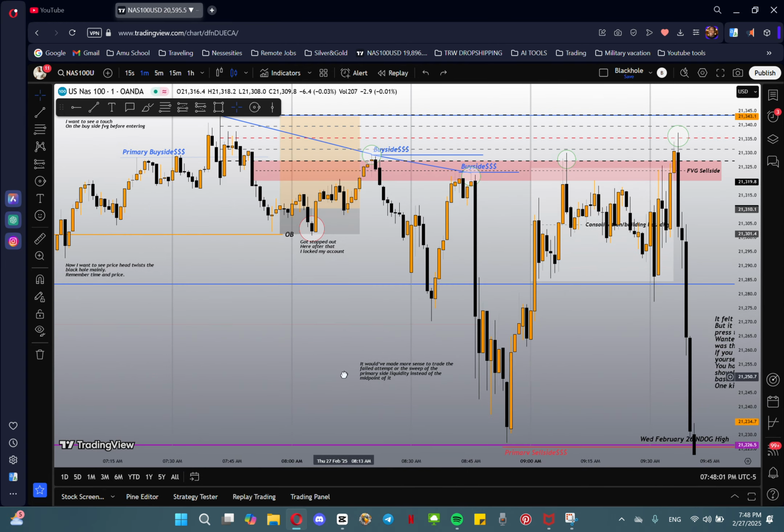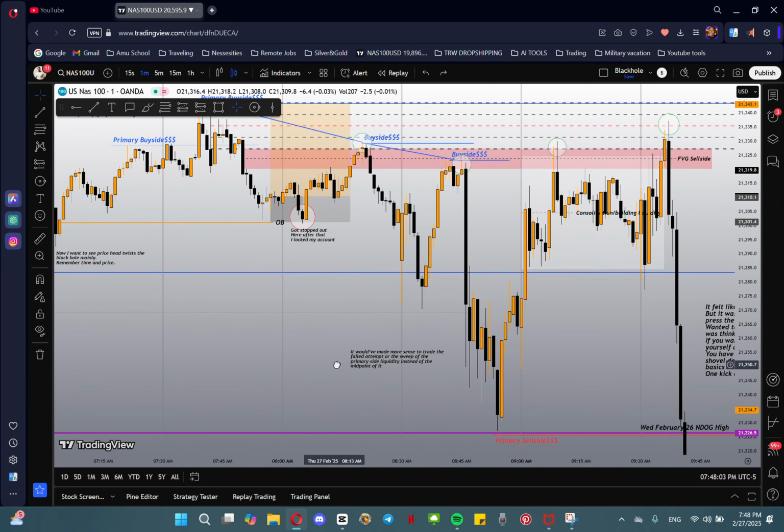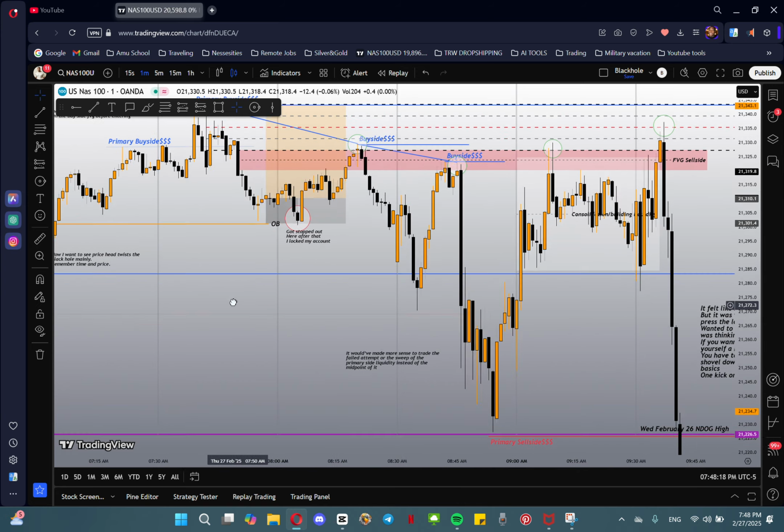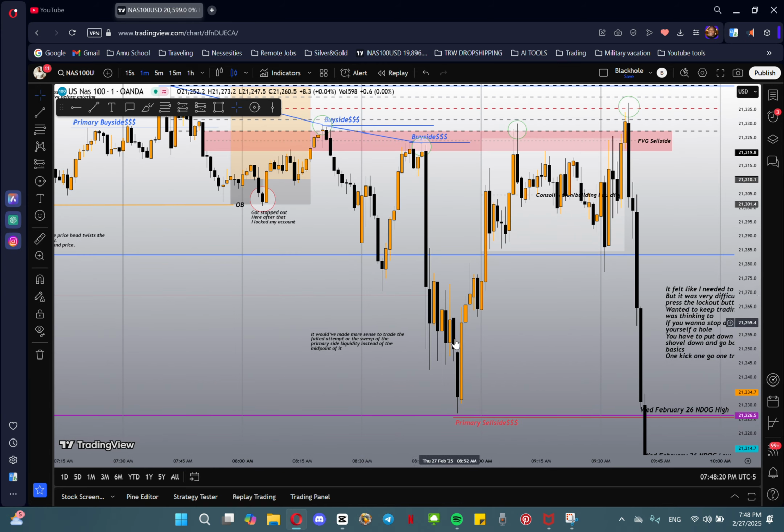So what I mean by this is, you really want to position yourself in the area where price is most likely going to explode to the opposite side of whatever structure. For example, this right here, when price ended up sweeping out the sell side liquidity, it ended up exploding right back up.